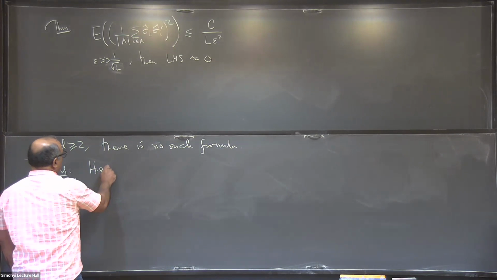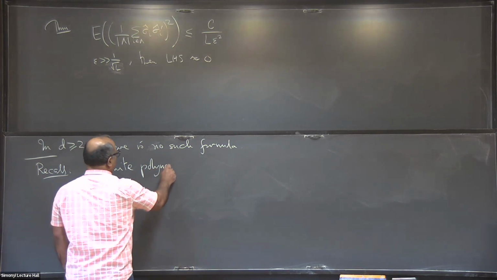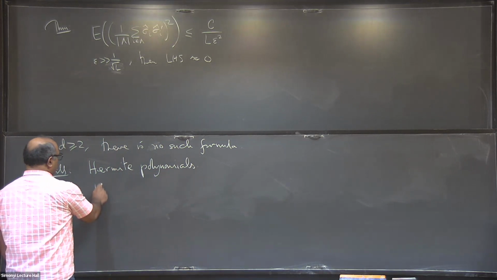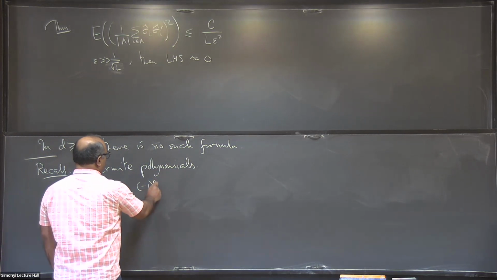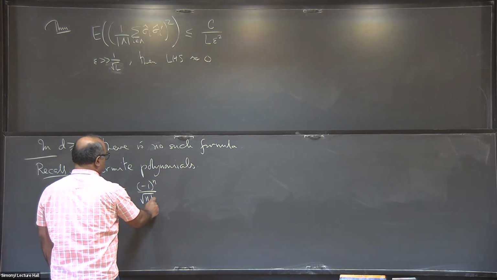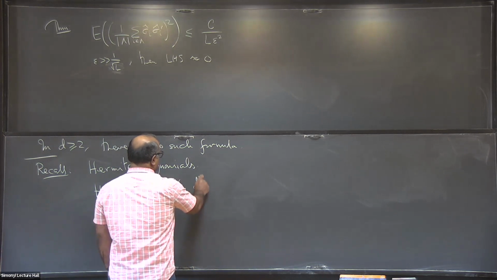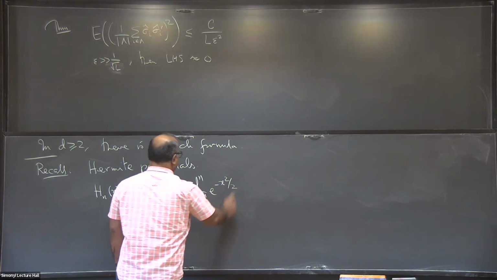the Hermite polynomials. So Hn of x is (-1)^n over root n factorial, e to the x squared over 2, d^n/dx^n of e to the minus x squared.